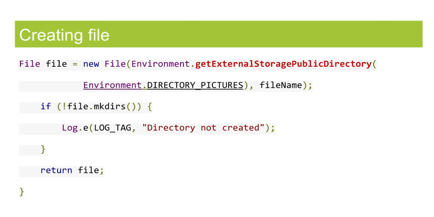You might have noticed these folders in your Android device: a folder with pictures, then videos, DCIM, audio, and some other folders. We can create our public files only in one of these folders.